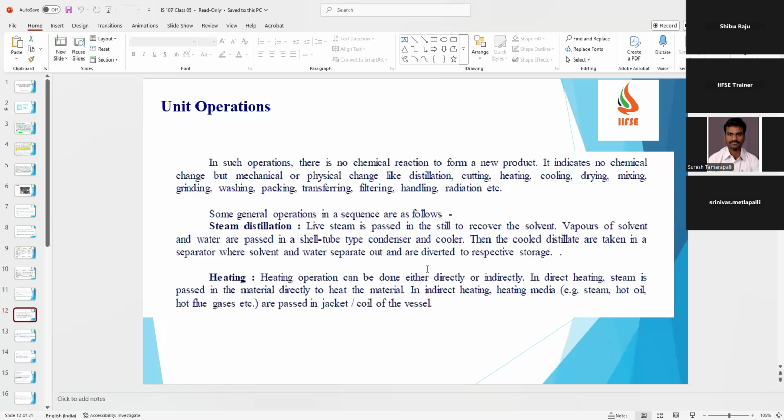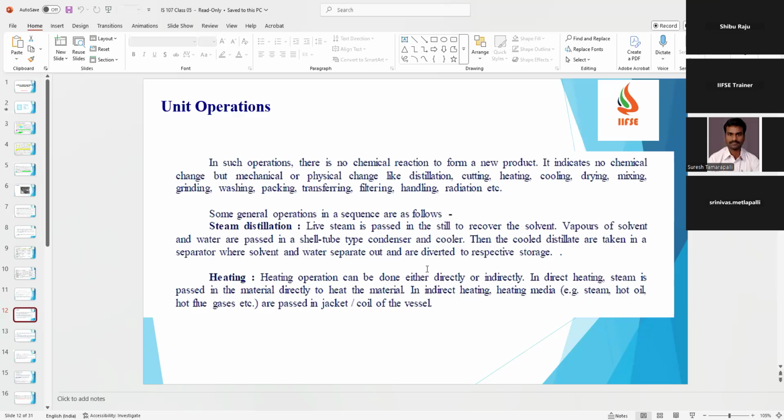Now we'll see the unit operations. When I say unit operations, in such an operation there is no chemical reaction to form a new product. It indicates no chemical change, but mechanical or physical changes like distillation, cutting, heating, cooling, drying, mixing, grinding, washing, packing, transferring, filtering, or handling operations.